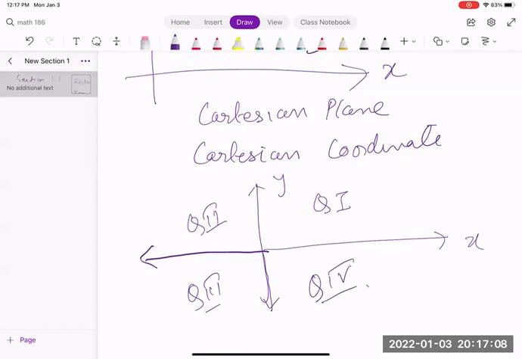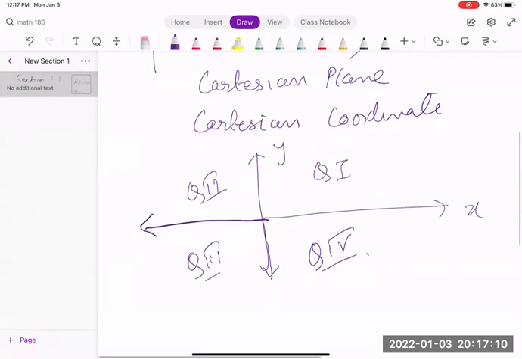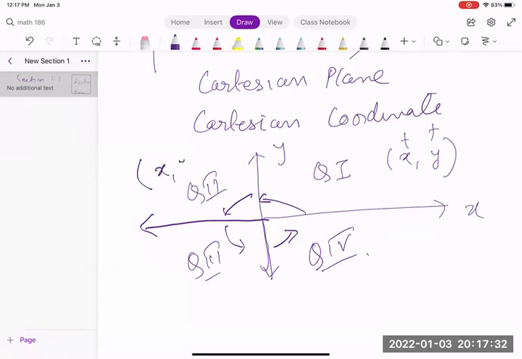This is kind of brushing up your algebra skill. For the first quadrant, both x and y are positive. For the second quadrant, x is negative and y is positive.